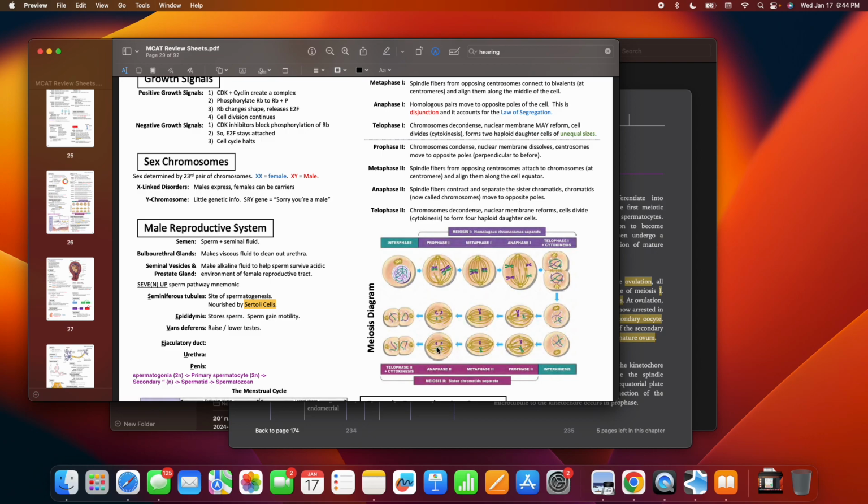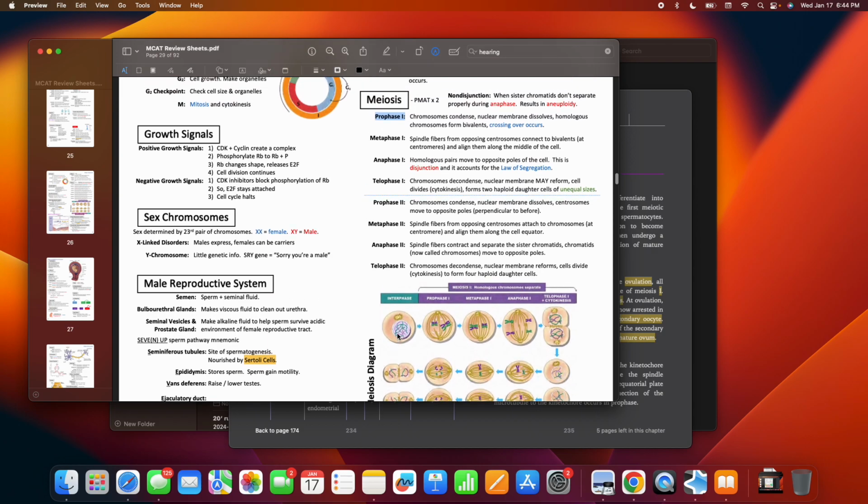So these are chromosomes, and these were chromatids. And the chromosomes decondense and the nuclear membrane reforms. So you need to remember that a chromosome is like a single strand, and you have a pair of them, which makes 2 chromosomes.